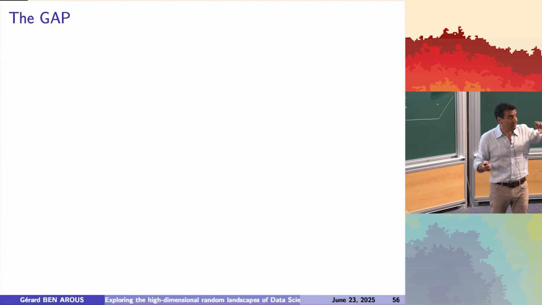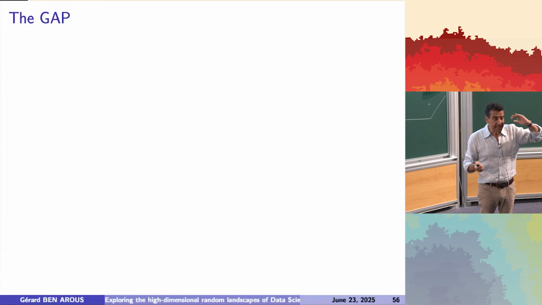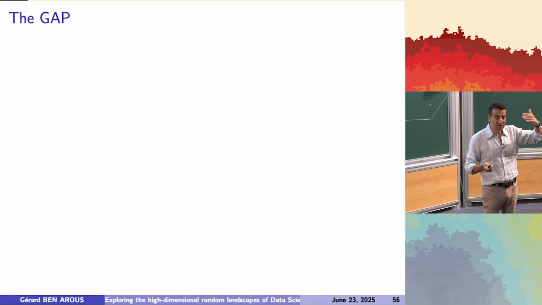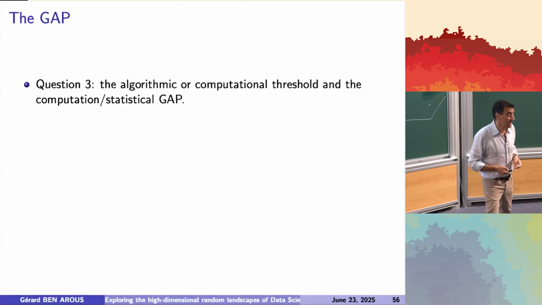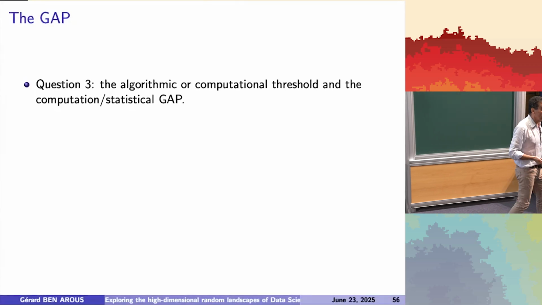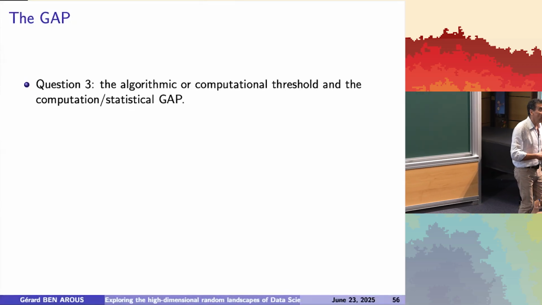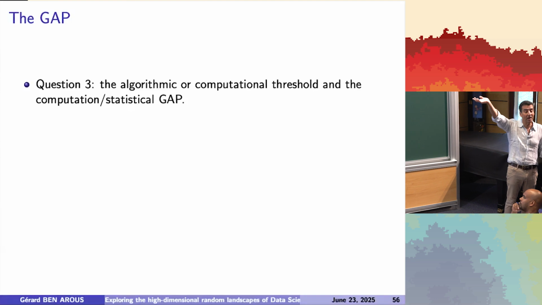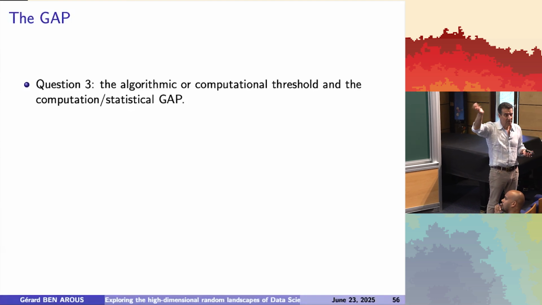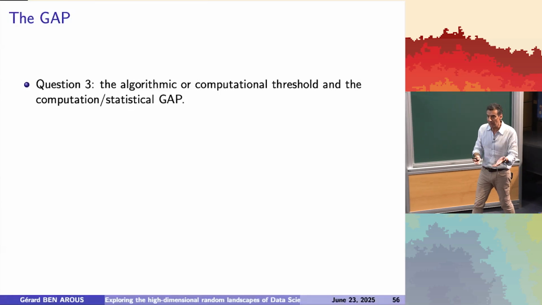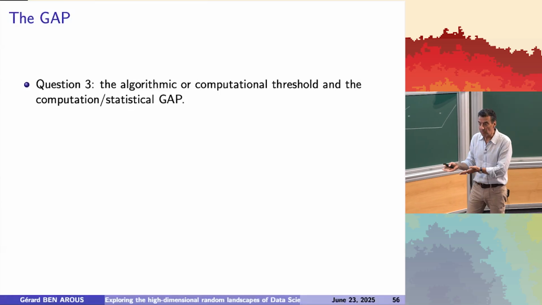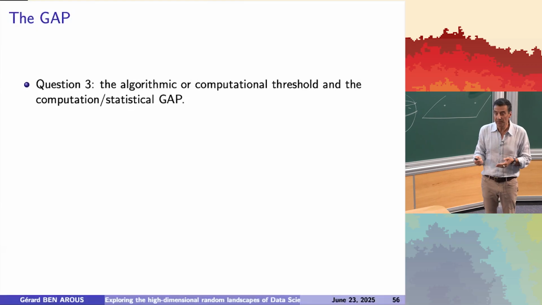So for the moment, I've looked at the first two questions, IT and statistics. In this case, it just happened that the statistical threshold and the IT threshold were the same. Now I'm talking about a gap. So now you could look at the computational side. We're doing maximum likelihood. We have to find the maximum of the likelihood. So this is now an optimization problem, and in this optimization problem, I have a random function of many variables, the log likelihood.